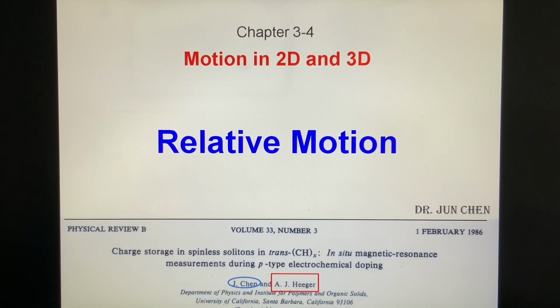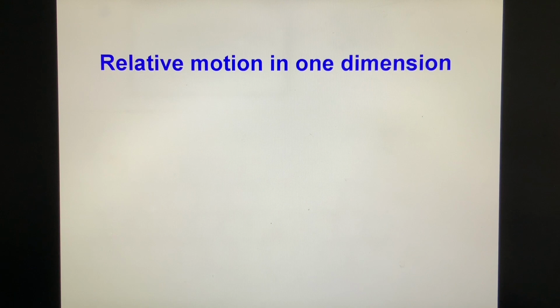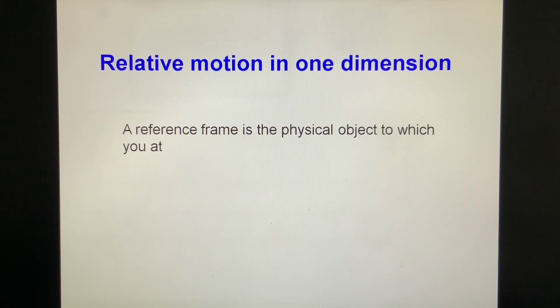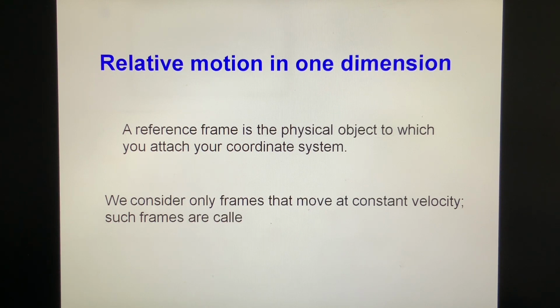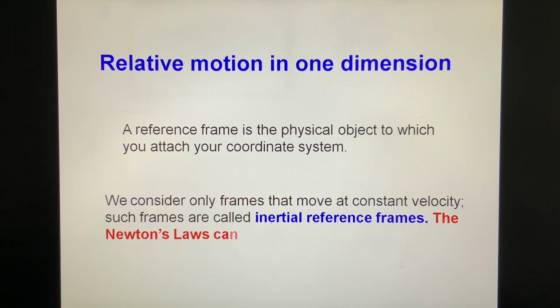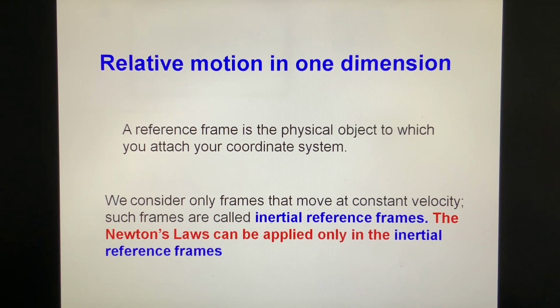Relative motion. Relative motion in one dimension. A reference frame is a physical object to which you attach your coordinate system. We consider only frames that move at constant velocity. Such frames are called inertial reference frames. Newton's laws can be applied only in inertial reference frames.